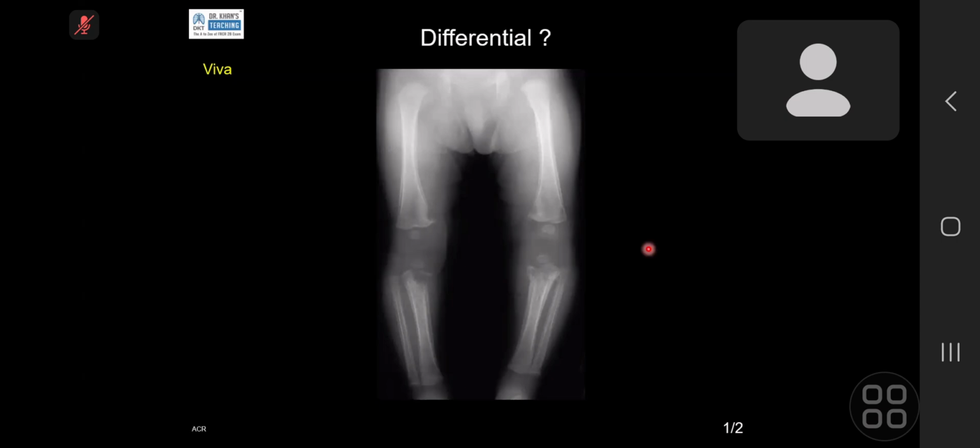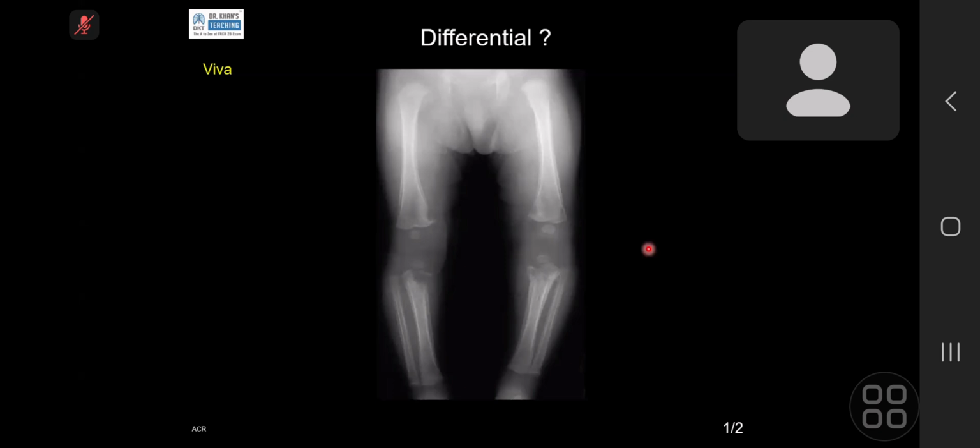However, there's no joint swelling. So in my differential would be Blount disease. And second, there is no Wimberger ring sign and any other findings, so it is not scurvy.